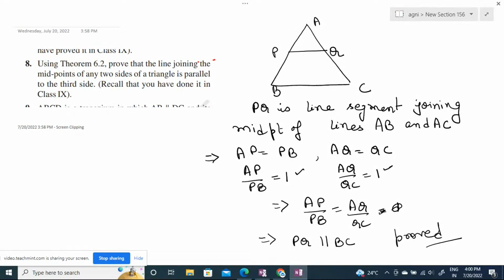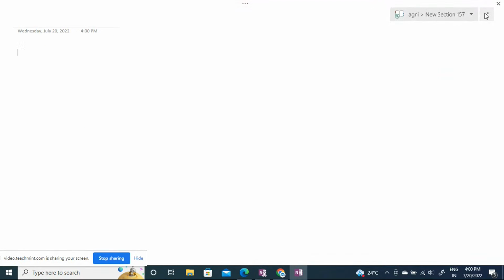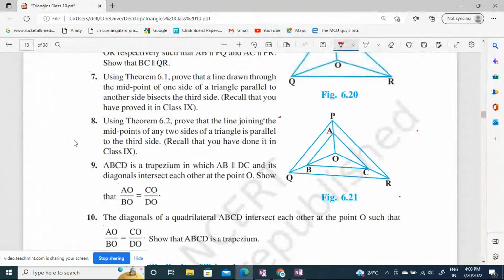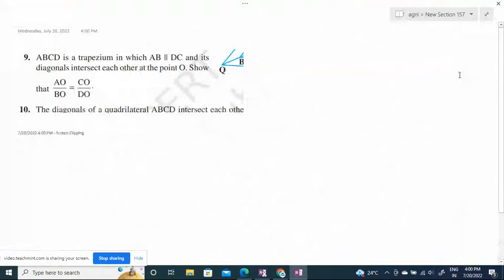Now the next question of the exercise, I am going to explain to you. Now in this question, the figure is not given to us. We have to draw the figure. ABCD is a trapezium. It has 4 sides.